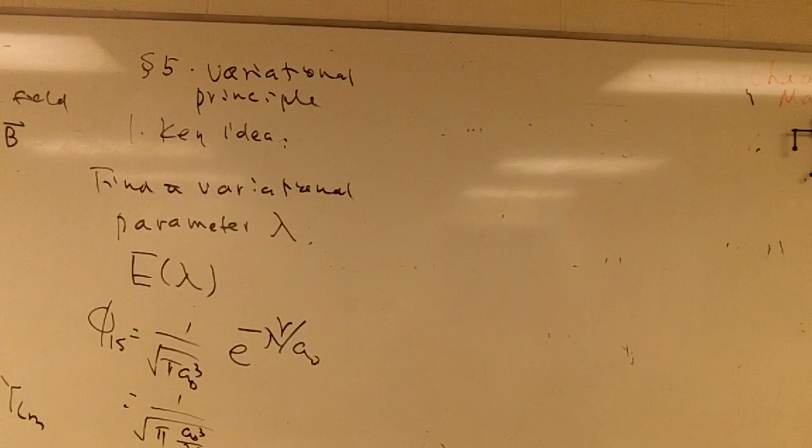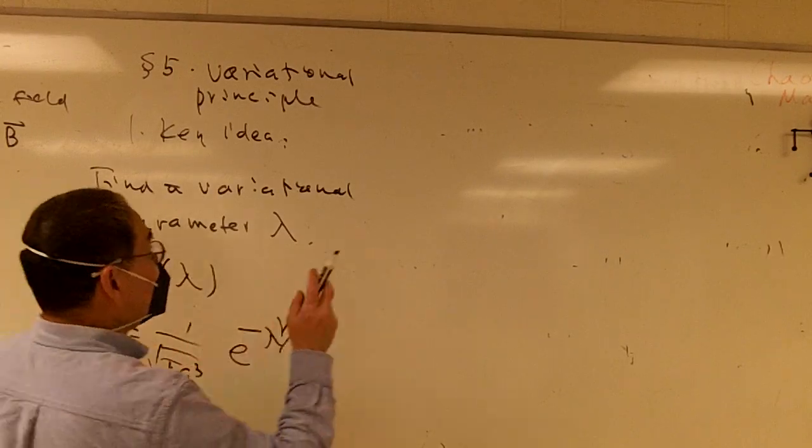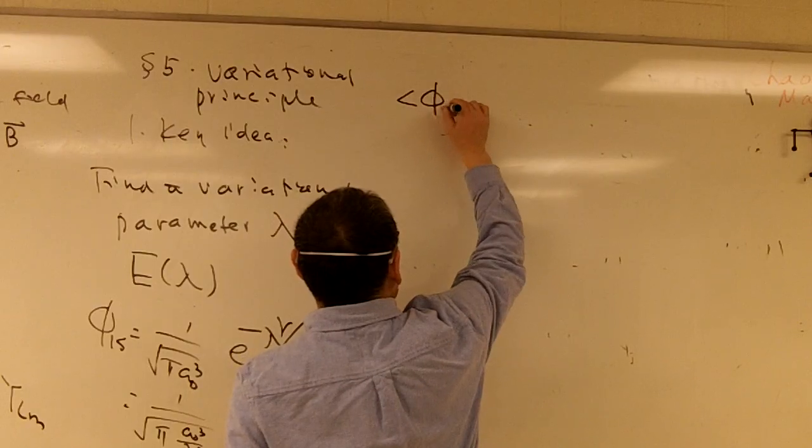So essentially what I did was I forcefully plugged this lambda into it. When the lambda equals 1, this will go back to what I had before. No problem. But if the lambda does not equal 1, we can optimize it. So therefore, the key idea was that I can optimize in such a way.